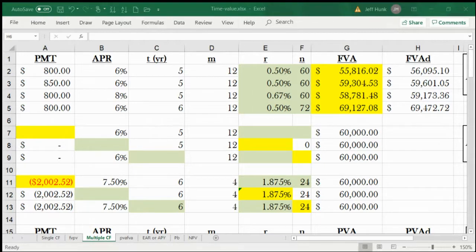So since we were falling about $4,000 short, we were exploring alternative strategies. One of those alternatives was increasing the monthly deposit, or finding a bank that pays a better interest rate, or extending your timeline by 1 year.